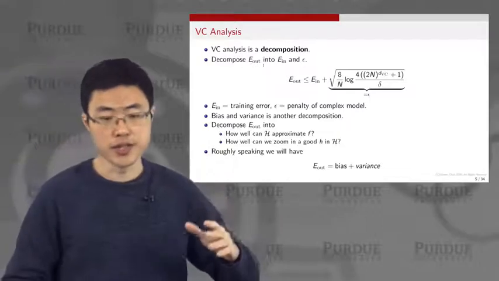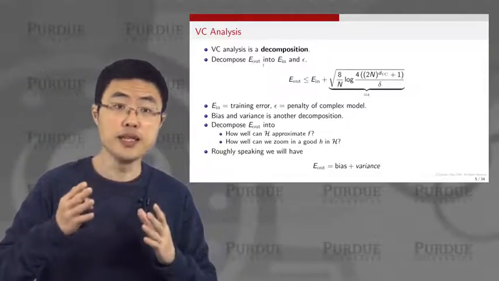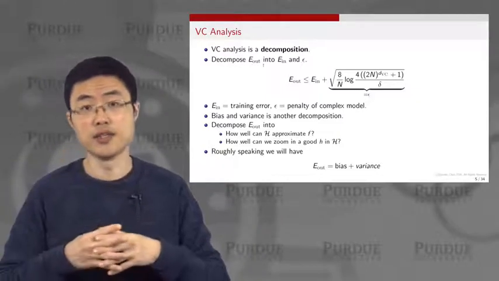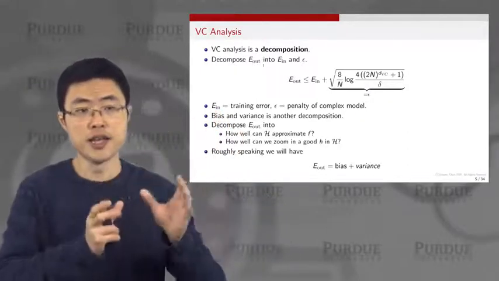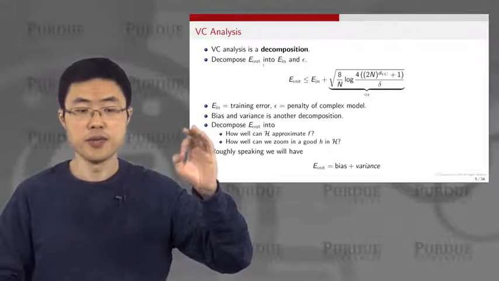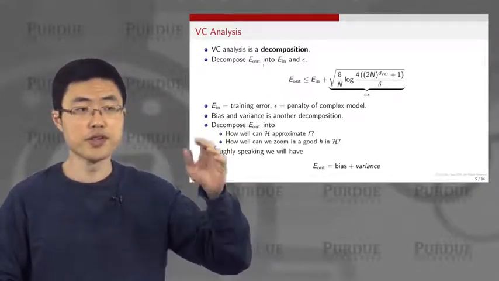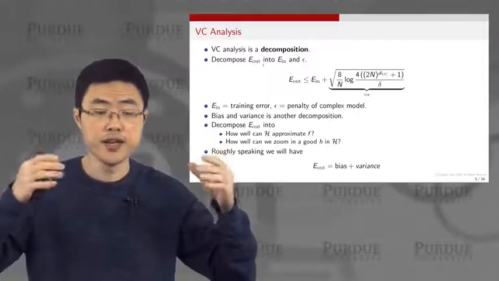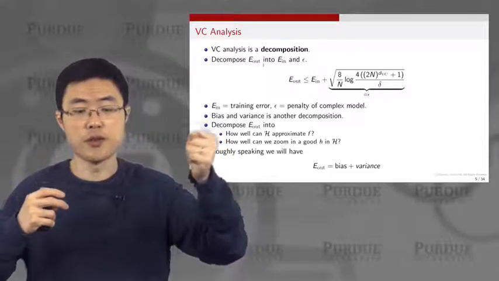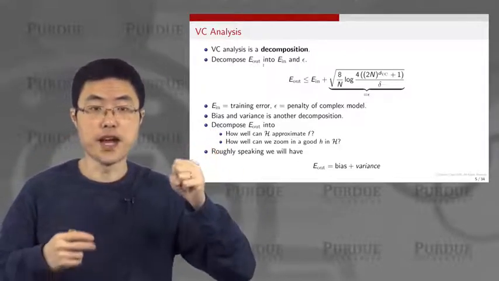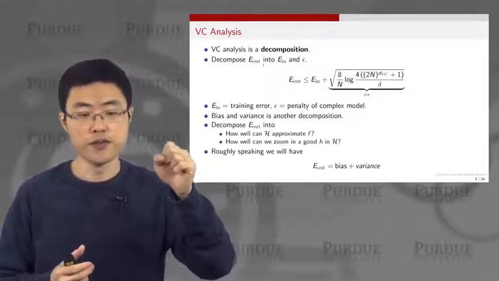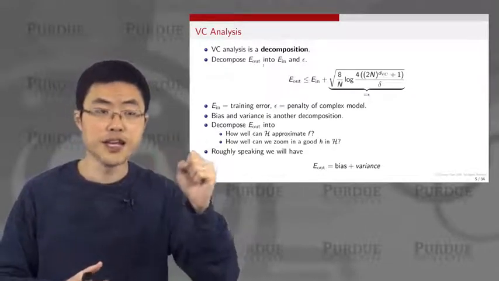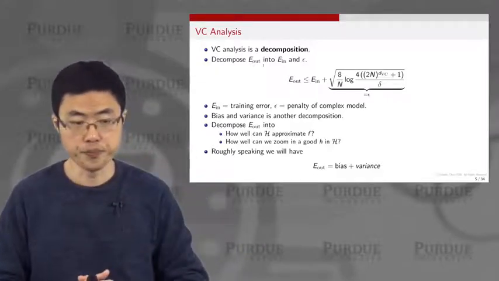The second question says that how well can we zoom in to a good hypothesis in your hypothesis set? That means among all these hypotheses, some hypotheses will be more preferred. Why? Because according to the training set that I have, I'm going to pick certain hypotheses out of the hypothesis set, and that should give us some notion of the variation within your hypothesis set.